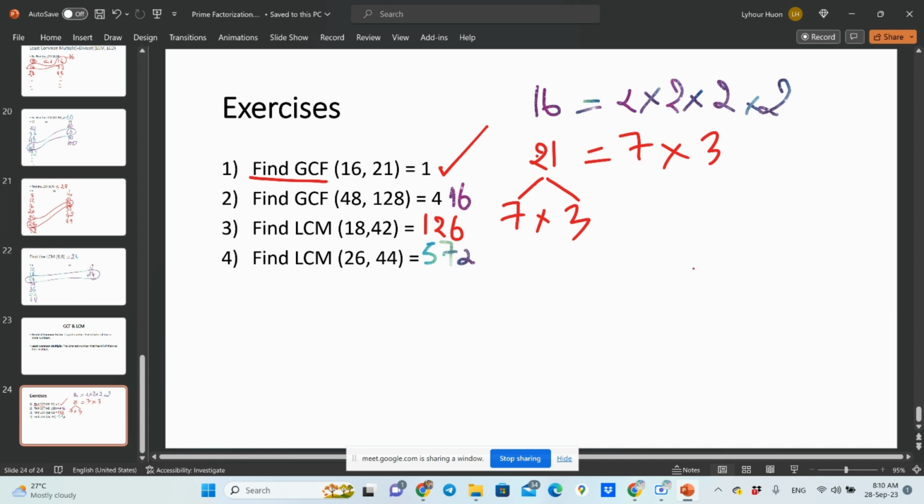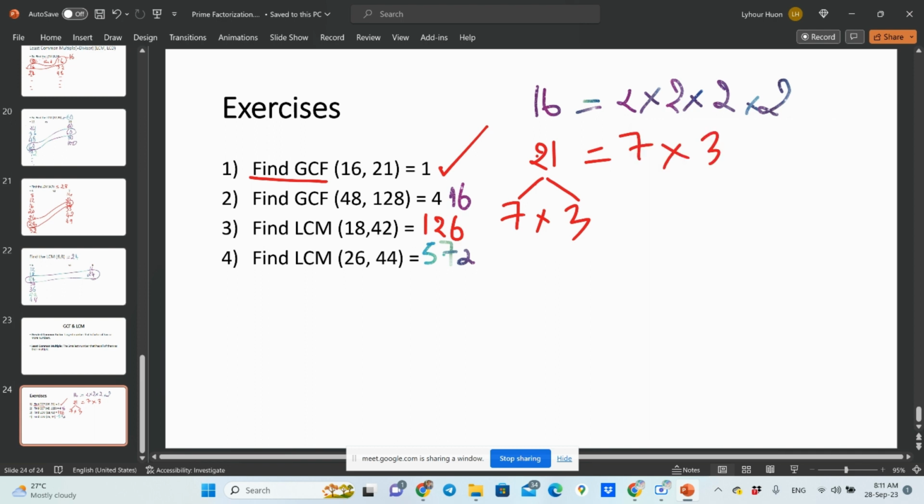Then we try to find the common prime factors. Do we have a common prime factor here? 16 consists only of the number 2, while 21 consists of 3 and 7.